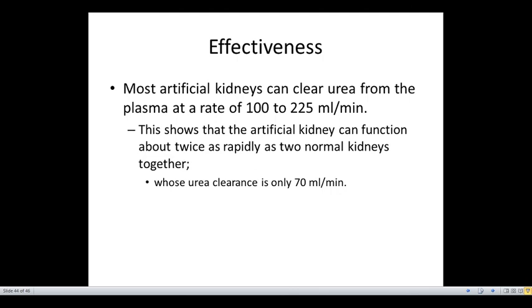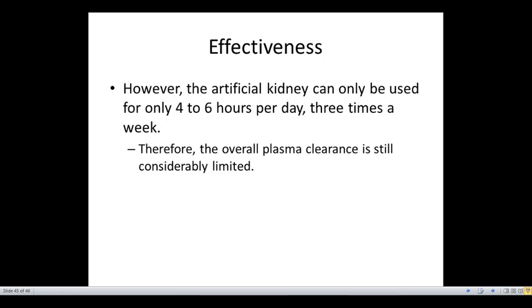But artificial kidneys have their own disadvantages. The artificial kidney can only be used for 4 to 6 hours per day and 3 times a week. Therefore, the overall plasma clearance is still considerably limited.